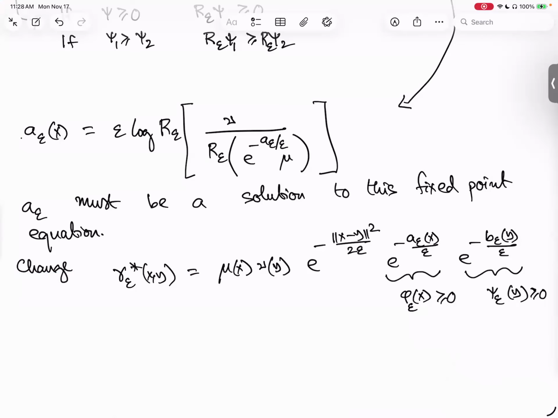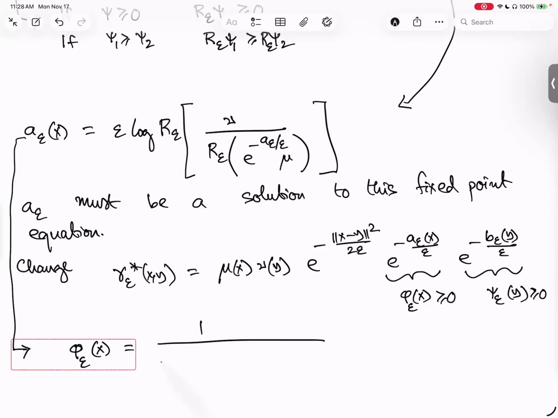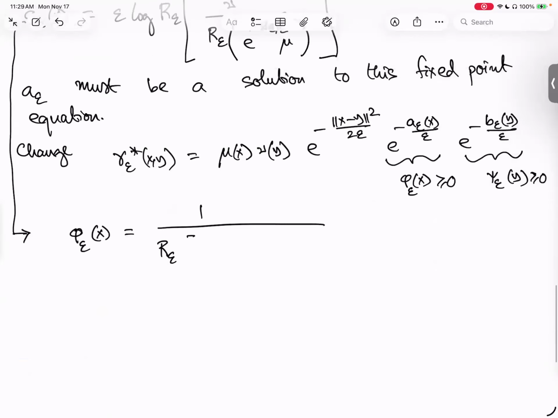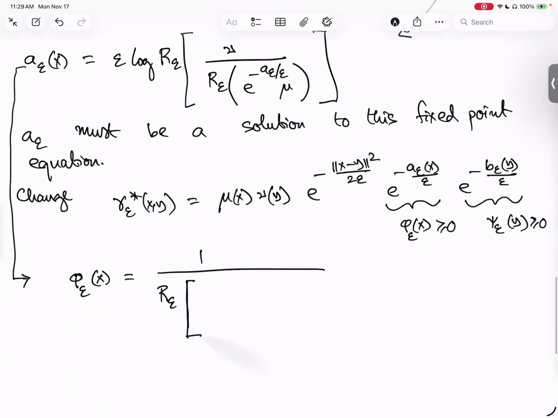And in that case, I can write that in terms of phi epsilon of x, which is e to the power minus a epsilon of this, would be equal to 1 over r epsilon, nu divided by r epsilon, phi epsilon mu.